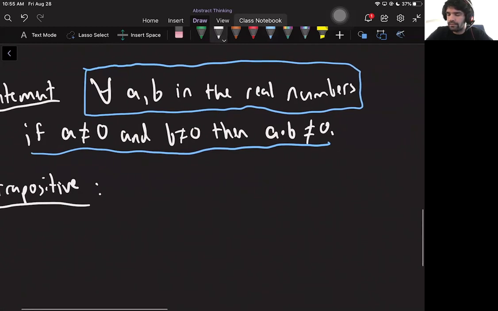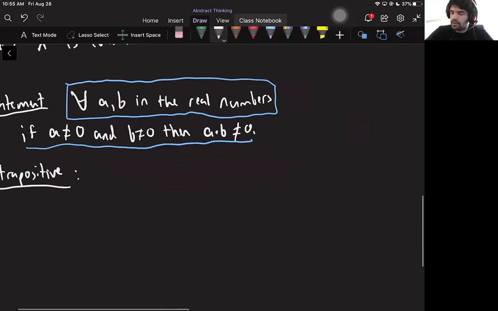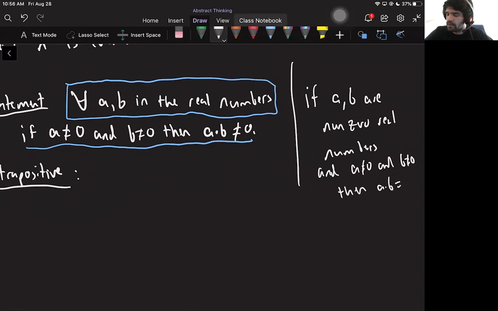If you want, you can write it a little differently, which is you could say if a and b are non-zero real numbers, so basically I'm taking the for all and putting it inside of the if, and I'm anding it, and a is not 0 and b is not 0, then a times b is not 0.